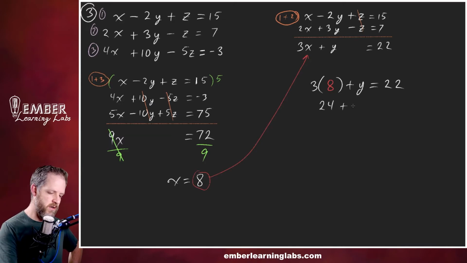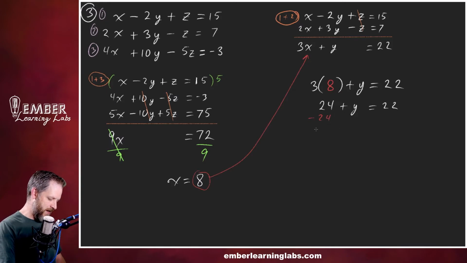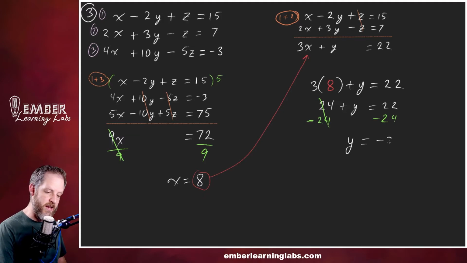Now we subtract 24, minus 24 minus 24. Those cancel, leaving us with y equals -2.